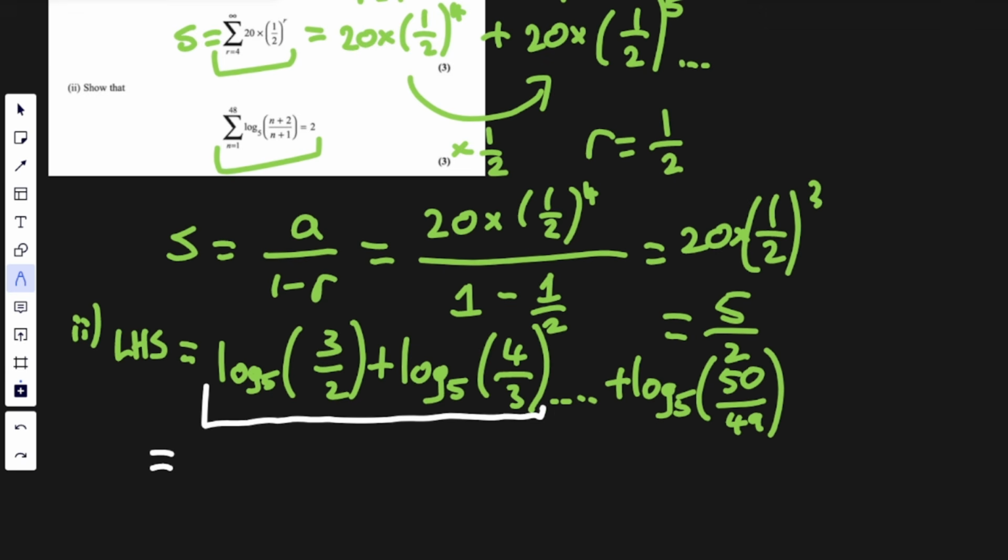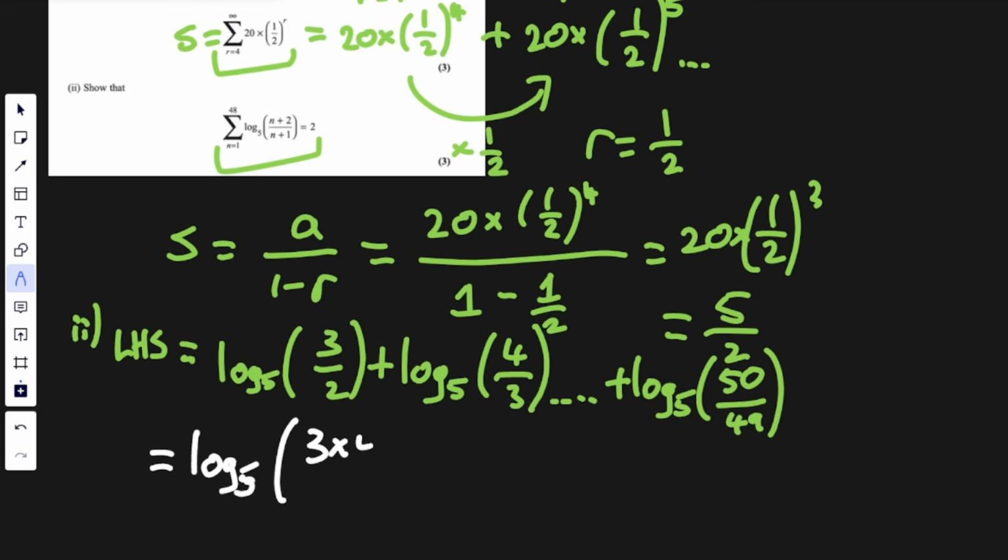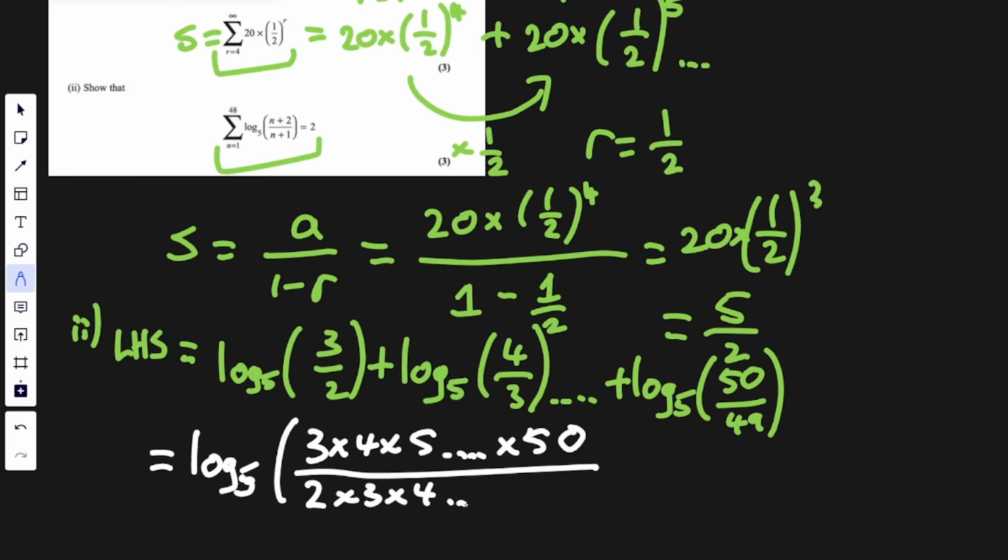So what we're going to get is log 5 of 3 times 4 times 5 all the way up to 50. And on the bottom, we're going to have 2 times 3 times 4, and so on, all the way up to 49. So what's going to happen?